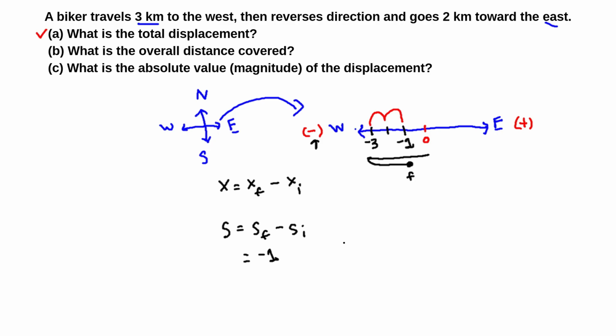Then you go back and see, where did I start from? Well, you started from the origin. Before you moved, you were here, 0 kilometers. Maybe that was your house, the place where you started. So negative 1 minus 0 will be negative 1 kilometers.